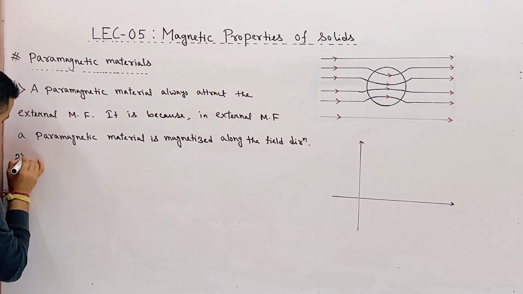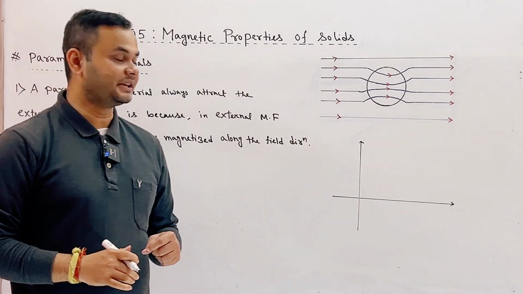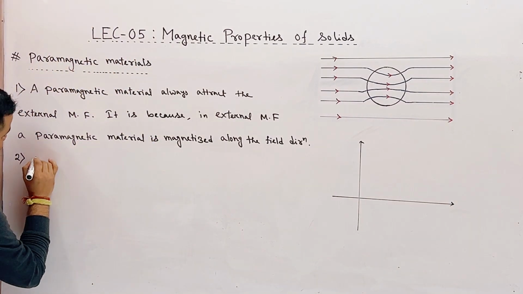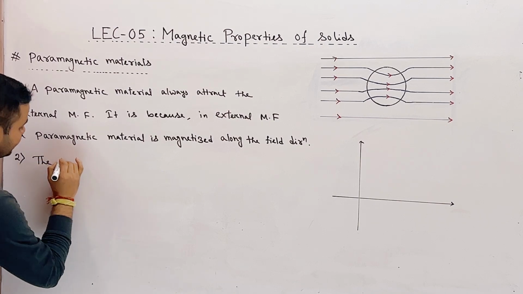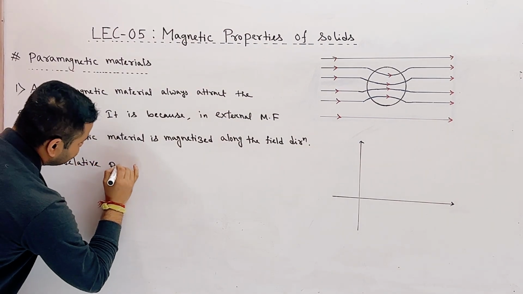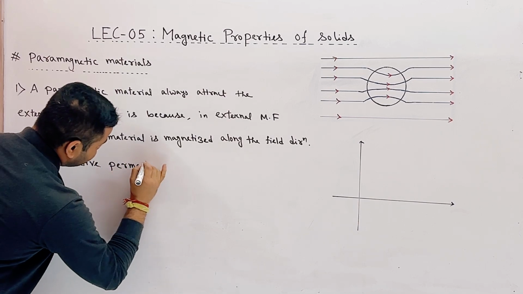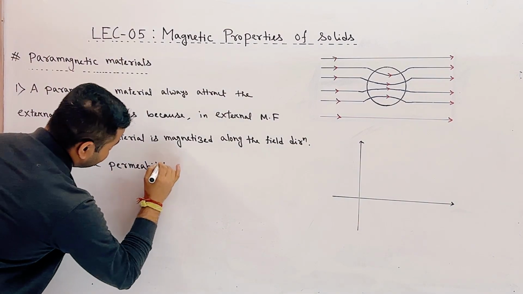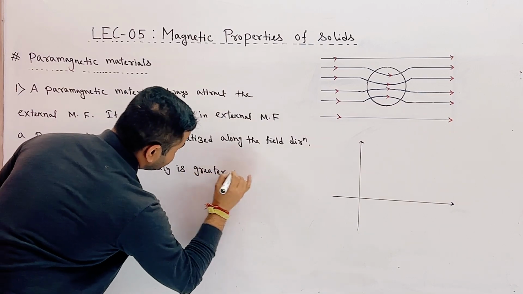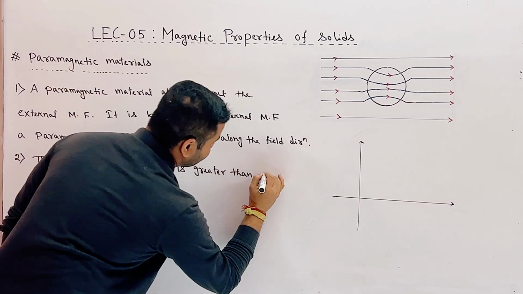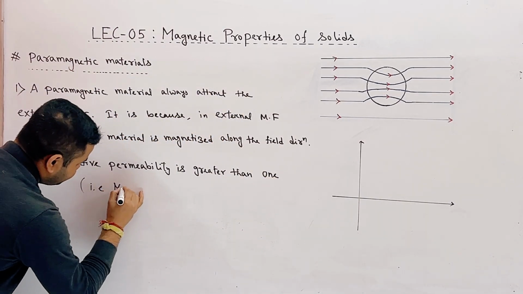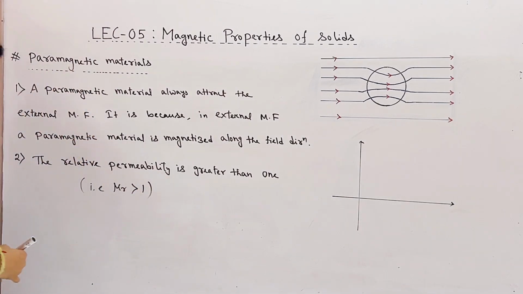Number 2. The relative permeability of paramagnetic materials is greater than 1, that is mu r is greater than 1.